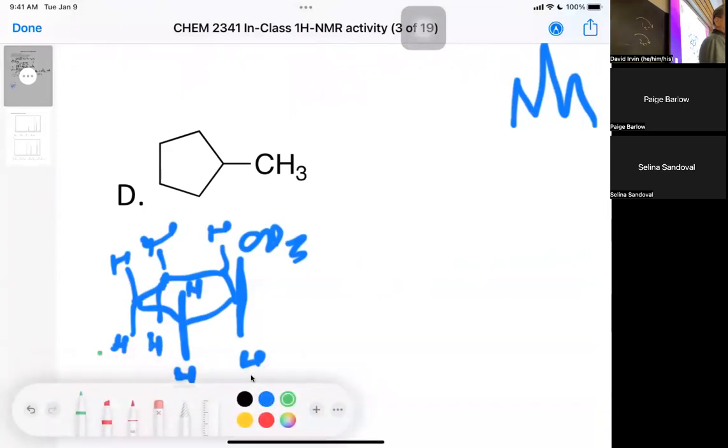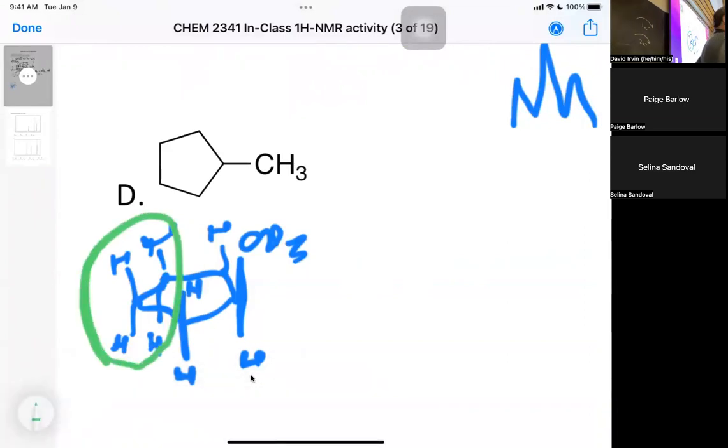I'm going to say that all 4 of these are 1 signal because they only see hydrogens, right? They only see hydrogens through space, and the connections all the way around are the same. So I'm going to say all 4 of those are 1 signal. So that means we have this signal is A. Notice I didn't assign carbons here because we have a weird thing. So we're just going to assign signals. And A has a total of 4 carbons in it.